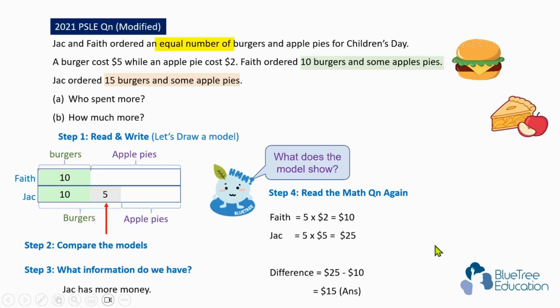Therefore, the answer is $15. Some students are able to see that since $5 and $2, the difference is $3, then you take $3 times 5 items, straight away you get $15. You are right as well. Okay, so take a photo of this.